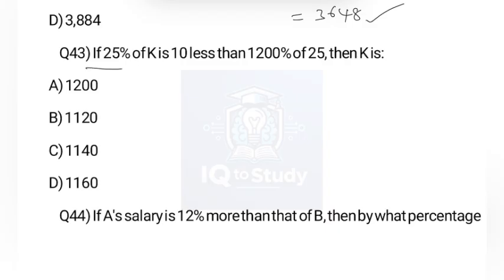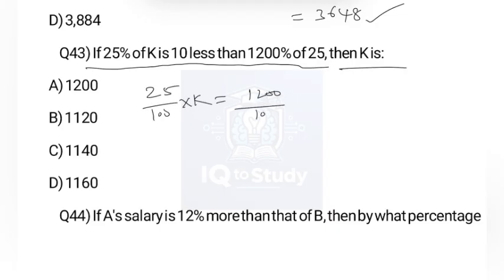If 25% of k is 10 less than 1200% of 25, then k is given. 25% of k is 1200% of 25 minus 10.